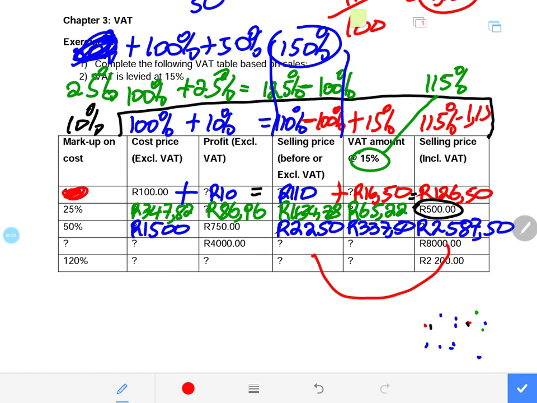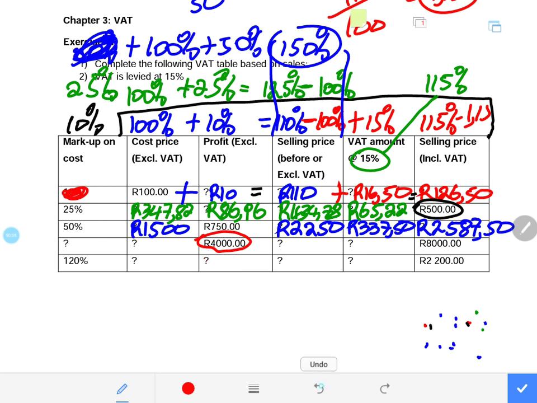Then we do the rest of the calculations. Now let us do our calculations once again. We have the 8,000. The 8,000 rand times 100 divided by 115 is 6,956.52.